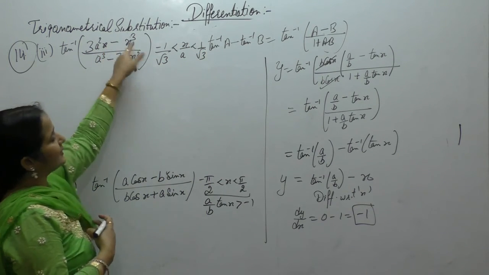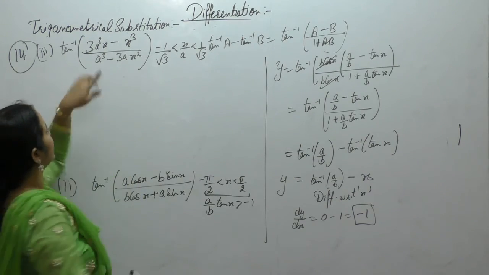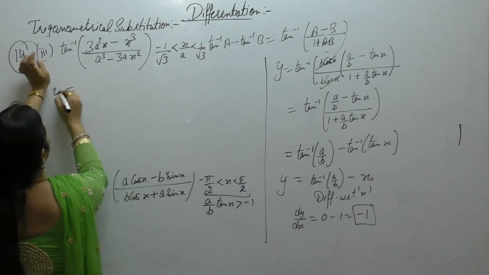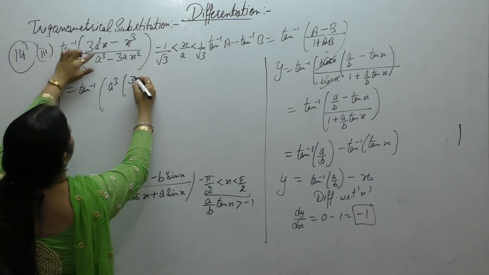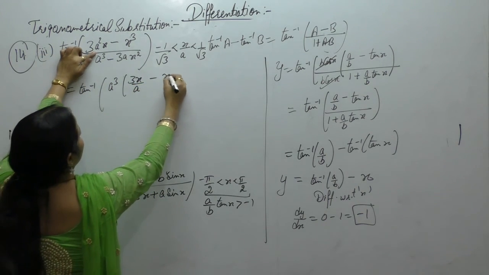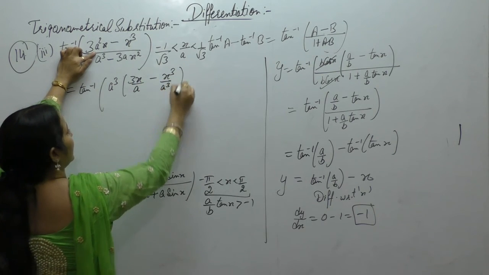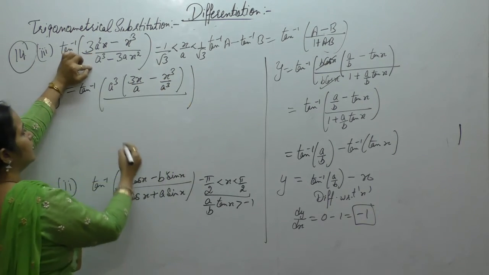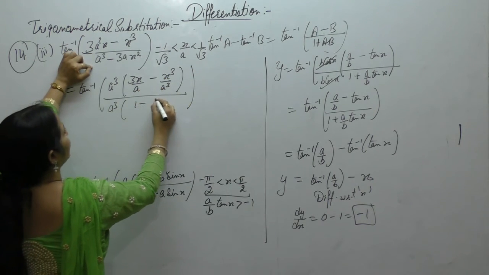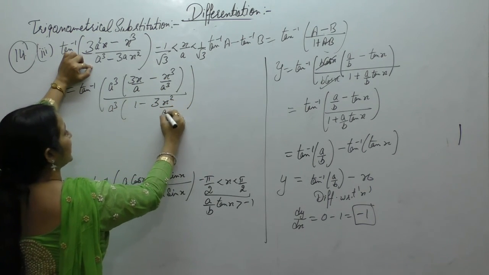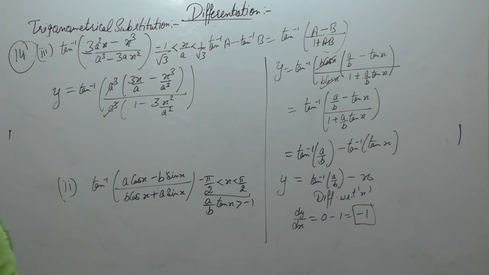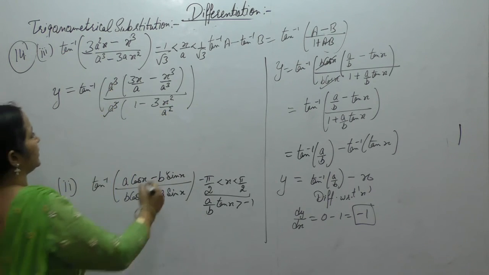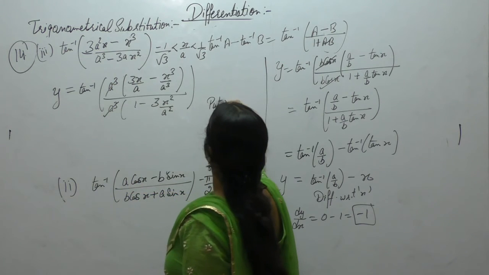So we have to make this term as x upon a. So take a cube common. When we take a cube common, here we are left with 3x upon a minus x cube upon a cube. Now, from the denominator, 1 minus 3 x square upon a square, this is what we got. Clear?